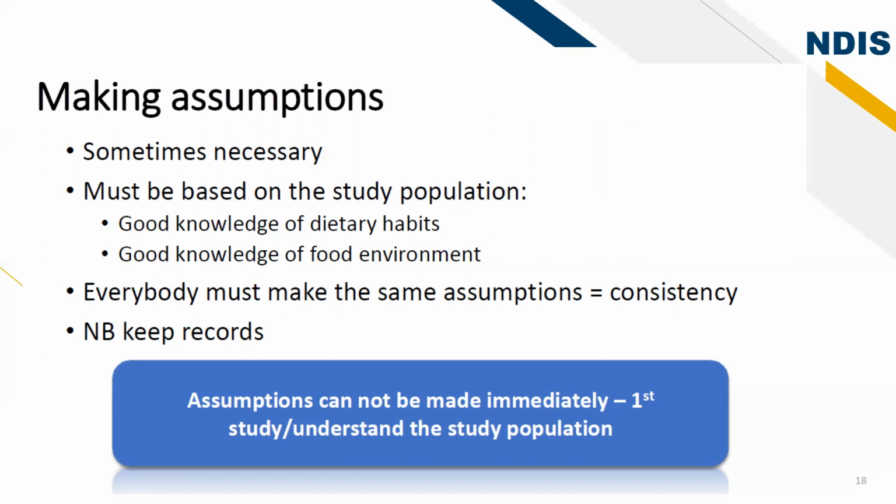You might have to go to the vendor, if a lot of people in the area purchase from that vendor, just to find out what it is that you are selling to the community. Then you can record that, and an assumption can be made that in that area, say, ACE maize meal is something that's used often and sold by the vendor, but just repacked. And then everybody must make the same assumptions.